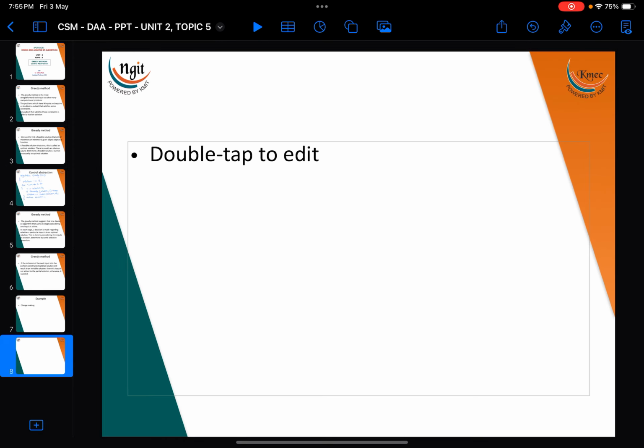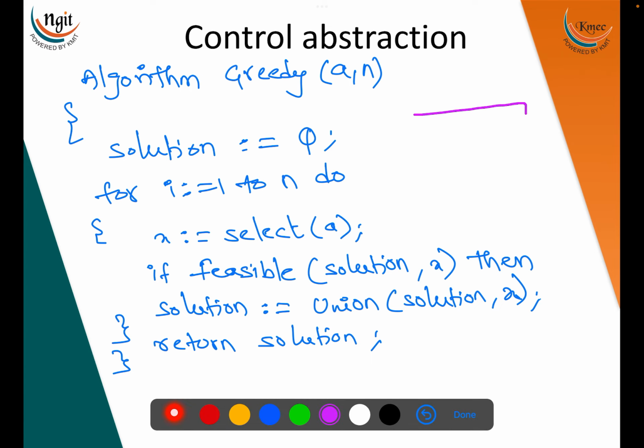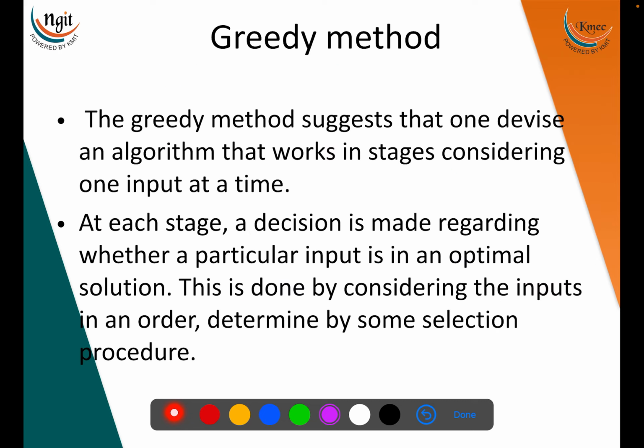And that's what we were seeing in this algorithm, right? So when you are given some number of inputs, to check which are feasible solutions, we'll check one by one. If it is feasible, then we'll add it into the solution. If it is not, then we'll skip. The index will increase and we'll take the next number and add it into the solution.